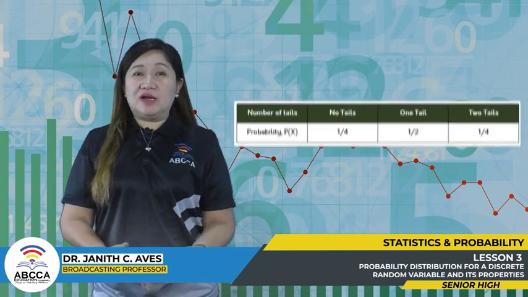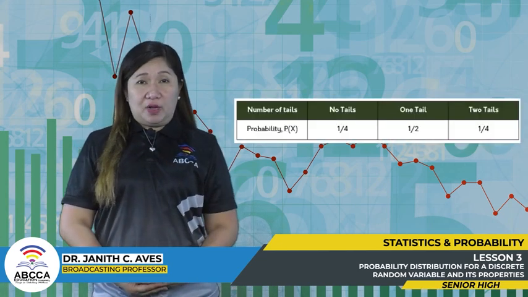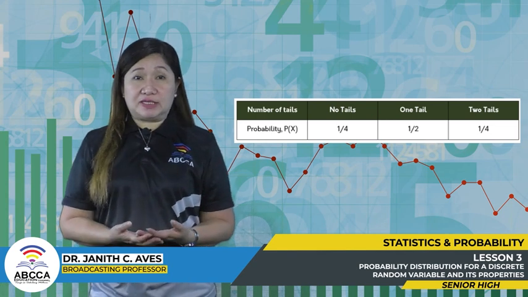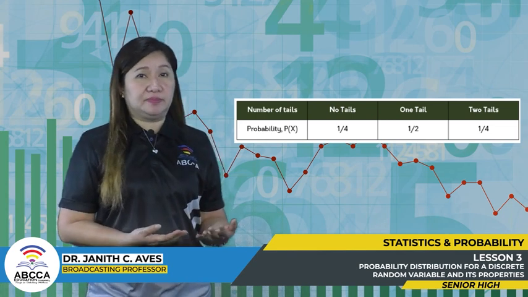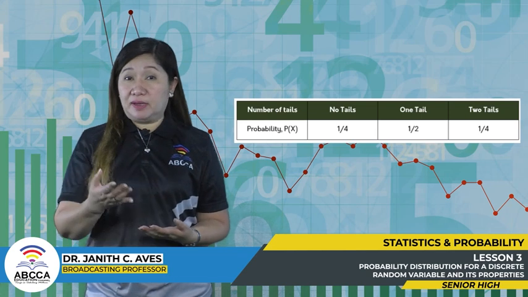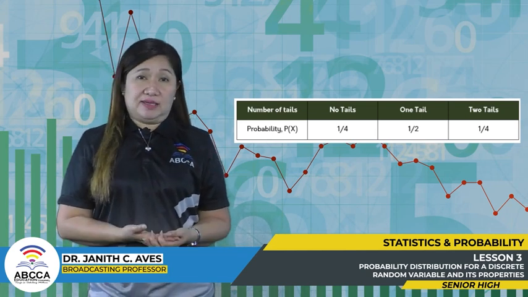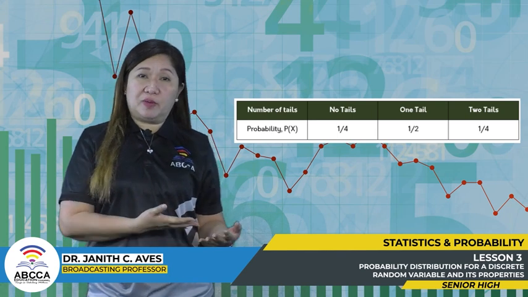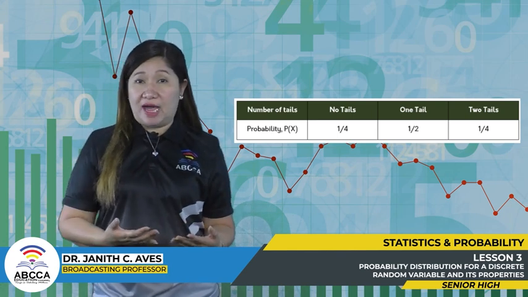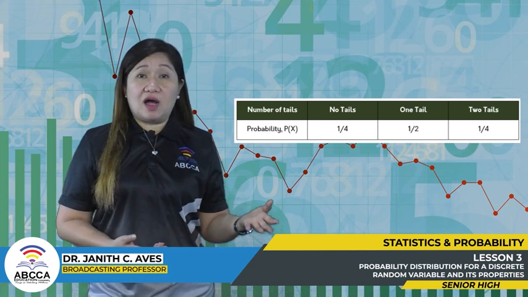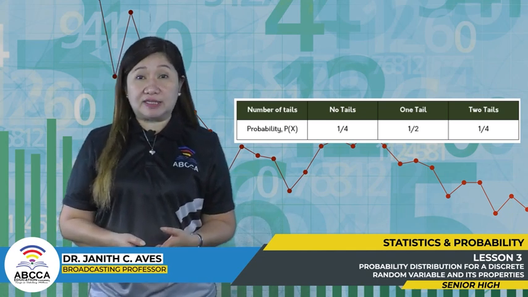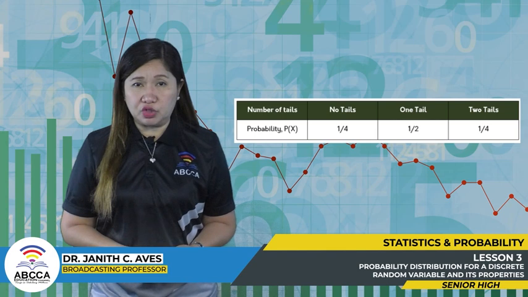So, now let's go back to our first example and explore the properties of discrete probability distribution. So we have the number of tails: no tails, 1 tail, 2 tails. So we have the probability of 1/4, 1/2, and 1/4. These are 2 properties of discrete probability distribution.